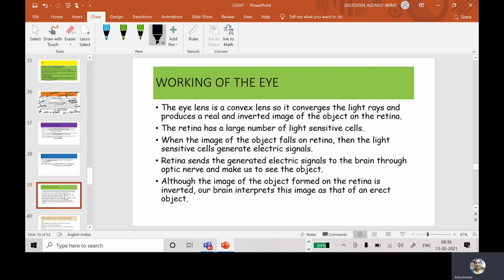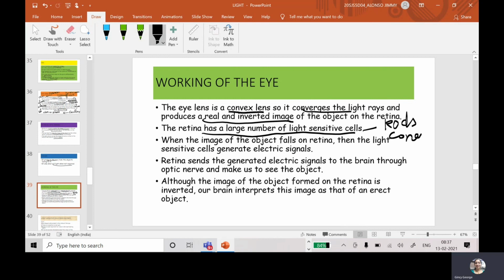Same thing is explained here. The eye lens is like a convex lens having converging action and forming a real and inverted image. So the actual type of image is real and inverted. Then the retina has light sensitive cells named rods and cones.